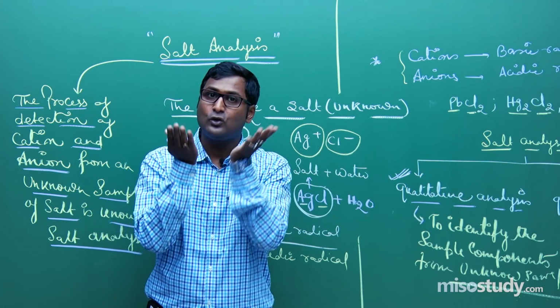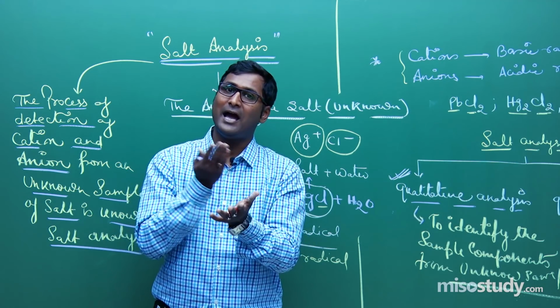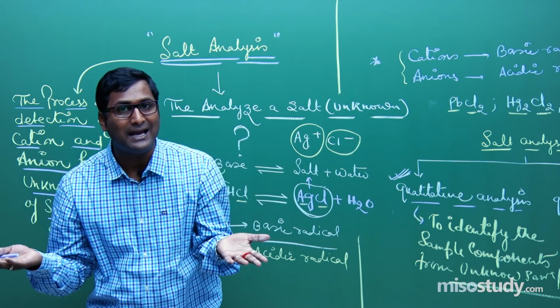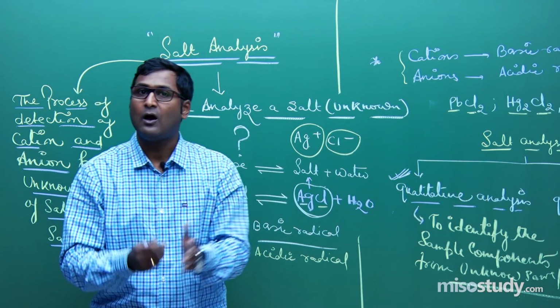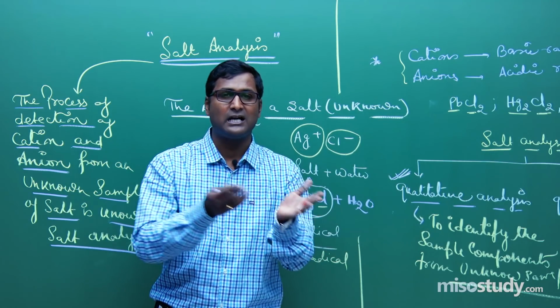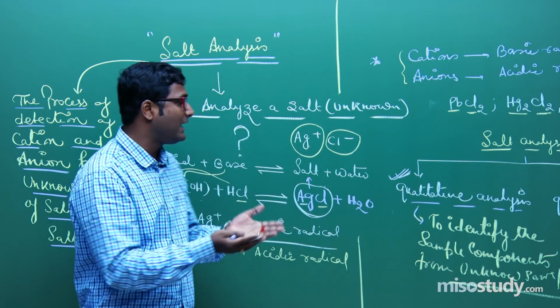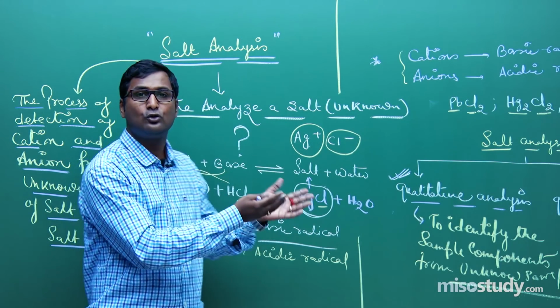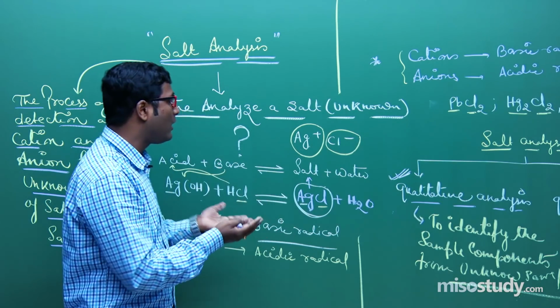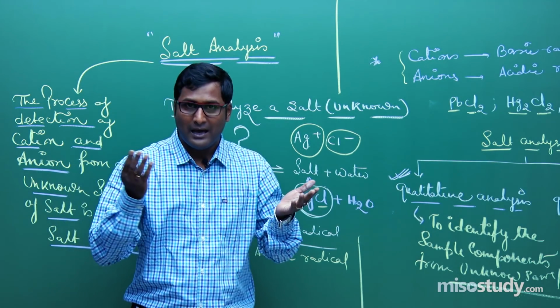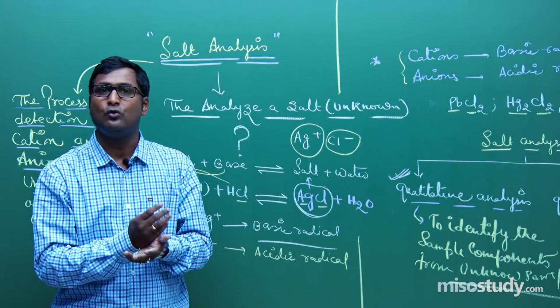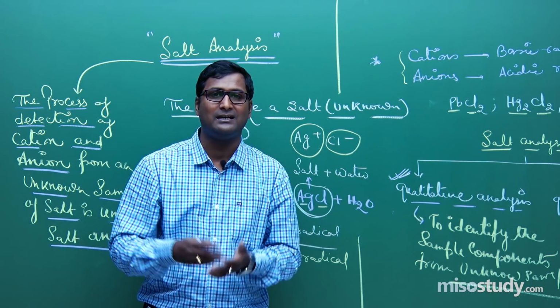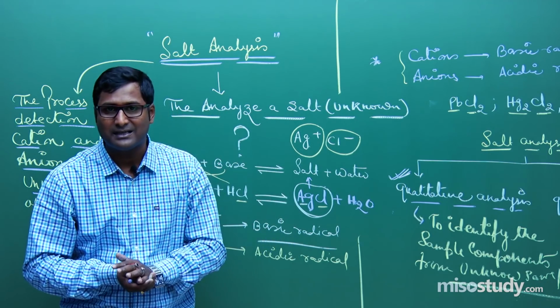So if we want to analyze a salt, we have to analyze cations and anions. Clear to you? Now lots of cations are there, like Ag+, Pb2+, Hg2+. If I talk about anions, like HCO3-, CO3 2-, F-, Cl-, Br-, lots of examples are there.